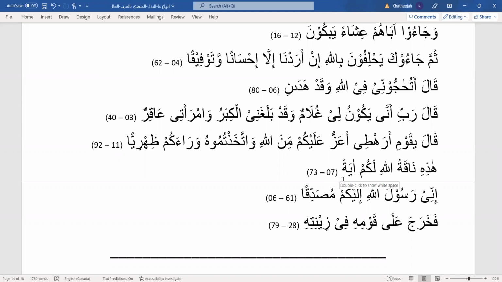So this is not a jumla fi'liya where there is a fa'il and maf'ul, and a hal is describing its state when an action is happening. This is a jumla ismiya. Hadihi is mubtada, naqatullahi is khabar, lakum is jar majroor, so it's muta'alliq bil khabar.